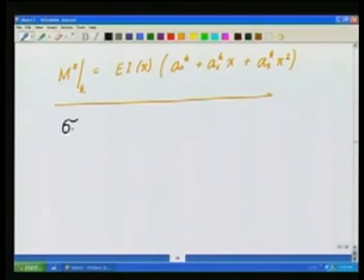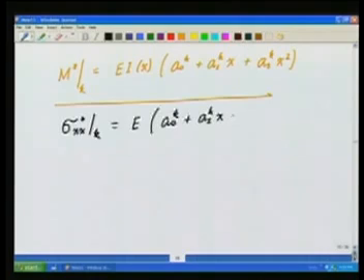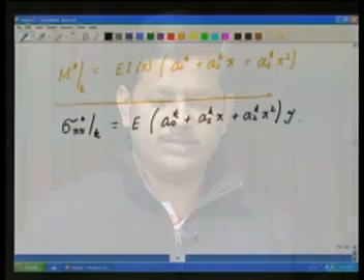So I can construct the sigma xx star at the element k, equal to E into a0k plus a1k x plus a2k x squared, into y. So this is how we can construct the recovered value of the stress.